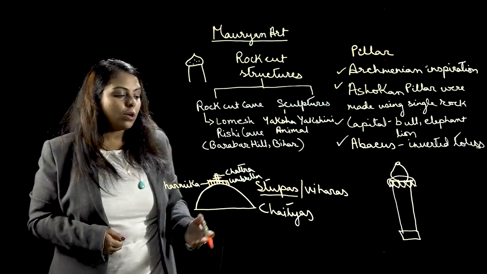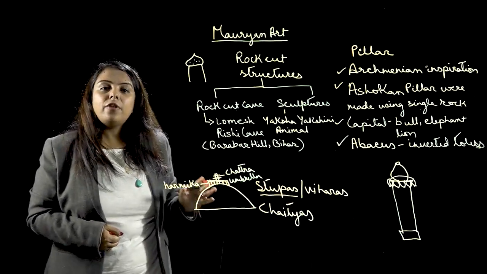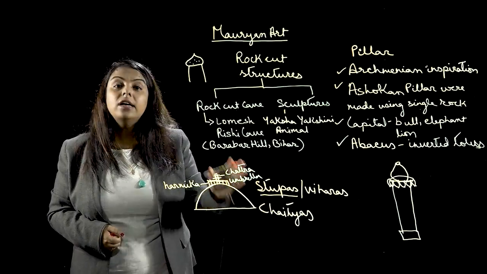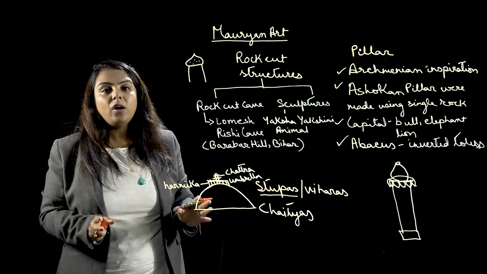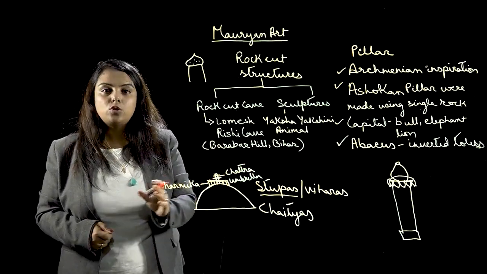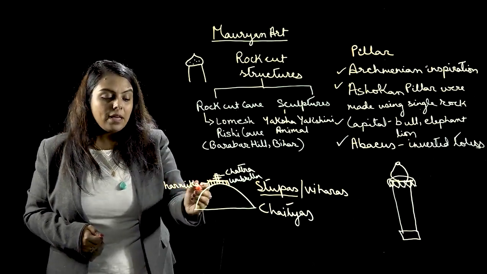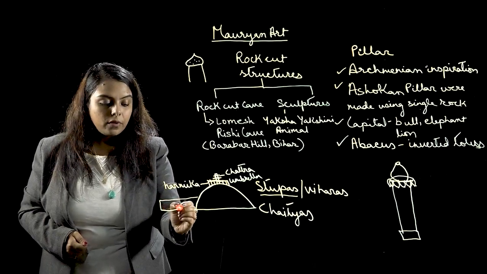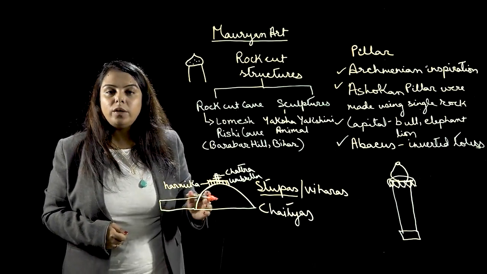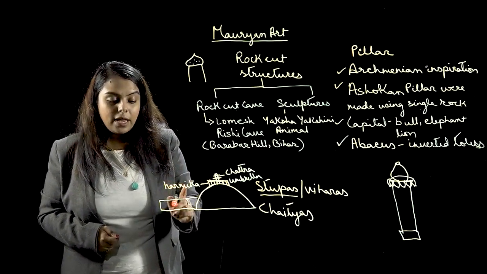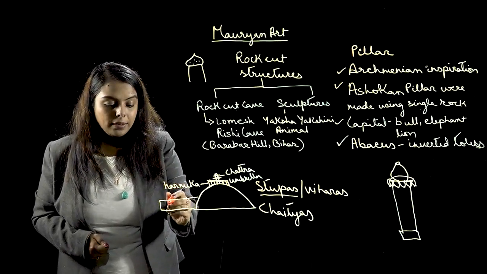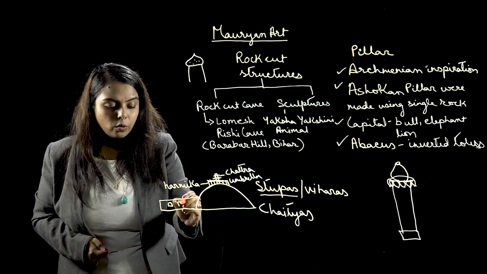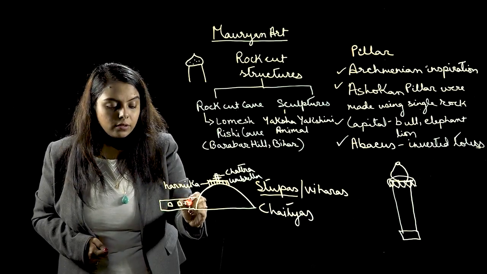Now, let us talk about vihara. Viharas were basically residential quarters of the monks, and what were chaityas? Chaityas were the prayer halls associated with a stupa. So, if there is a stupa, you may also have a square prayer hall connected with the stupa. The chaityas, or the prayer halls, also had horseshoe shaped windows. Fine.